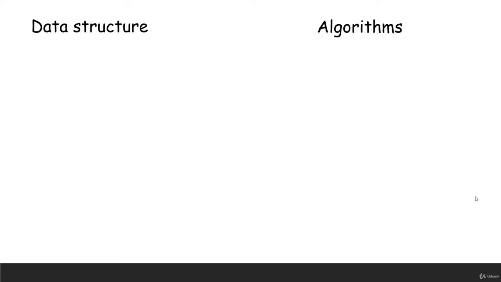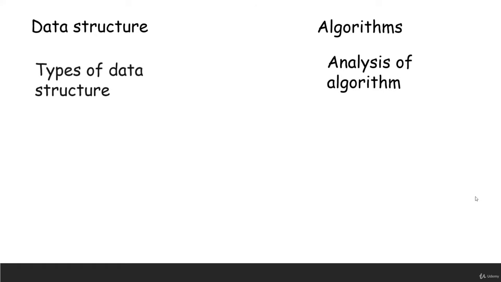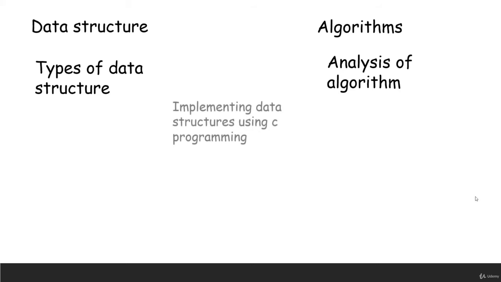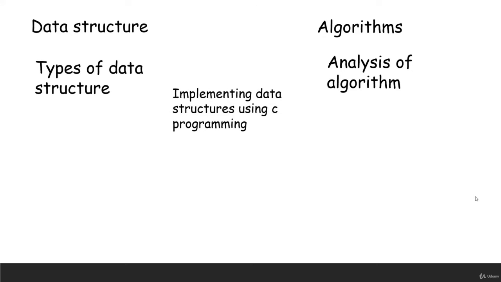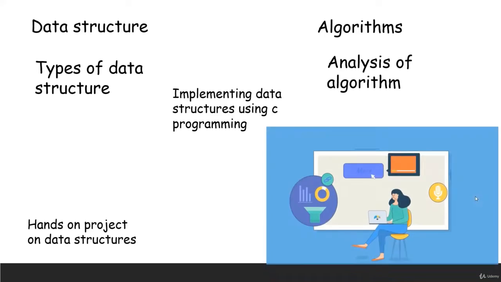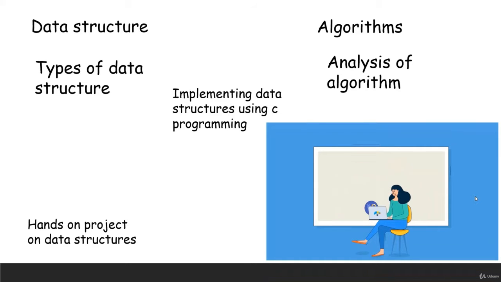Then we'll go to see algorithms, and at last, we will see the types of data structures, which will include linked list, queue, stack, trees, graph, etc. Then further, we will implement data structures using C programming. And at last, we will also deal with some hands-on projects on data structures. This will basically give you an idea of applications of data structures.